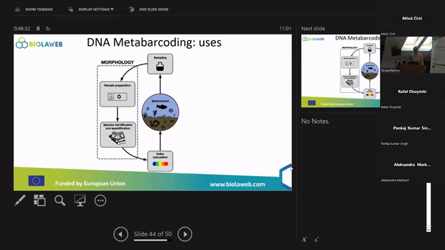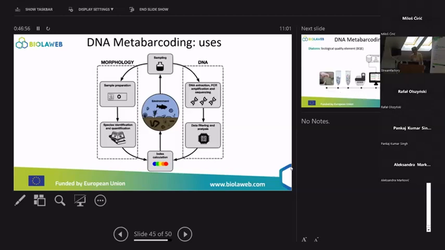So you will have a semi-quantitative list of species that will allow you to calculate an index value, and that will give you, according to the value, an ecological status to the ecosystem you have sampled.